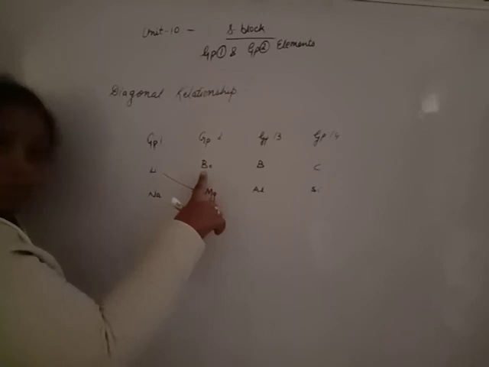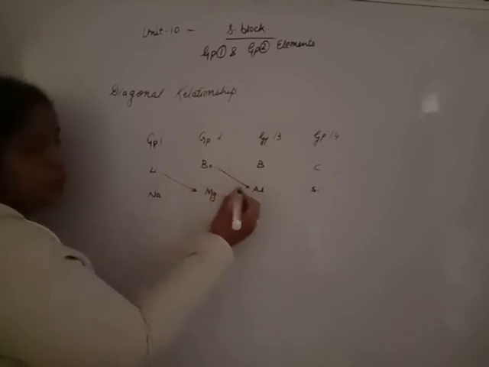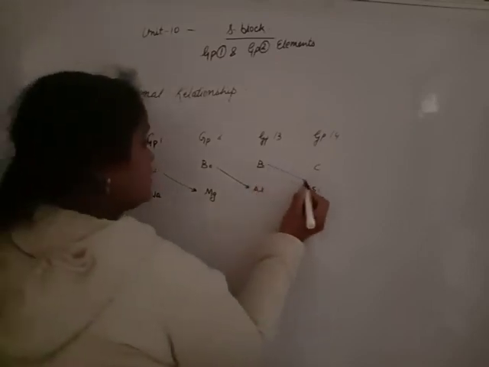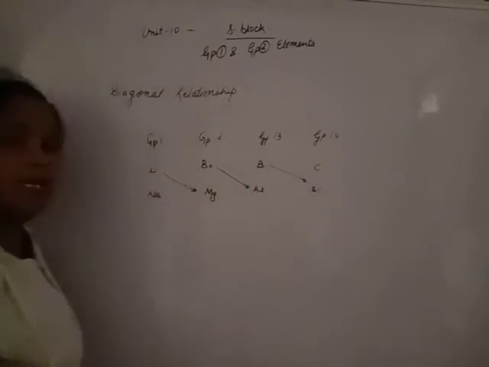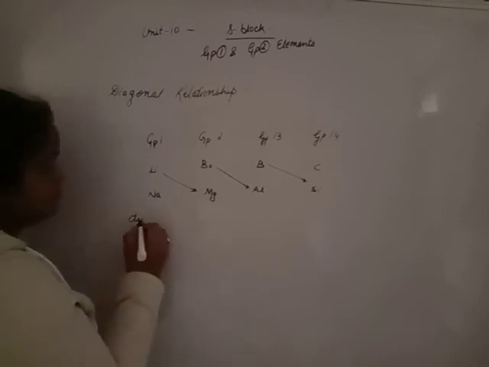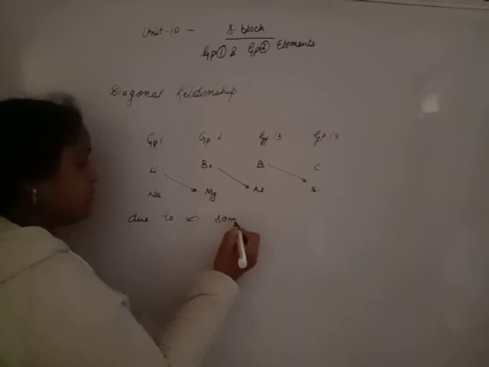The first member of the second group has similar properties to the second element of group 13, because in the second period, groups 3 to 12 do not have any element. So group 13 has a second element, boron with silicon, and the same phenomenon is going on due to approximately the same size.